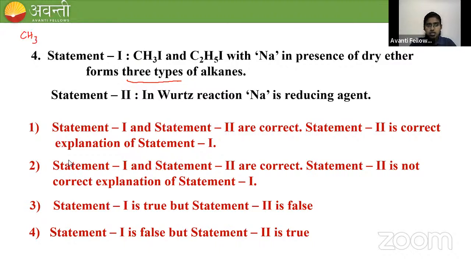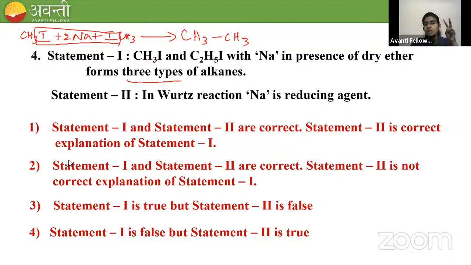First, CH3I will react with sodium, with 1 more mole of CH3I from the solution, to give CH3-CH3. 2 moles of methyl iodide itself will react with sodium to give ethane.